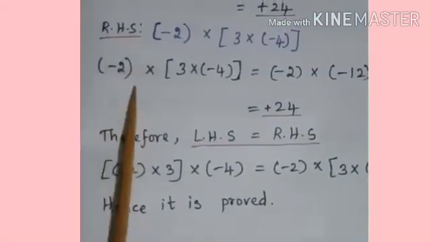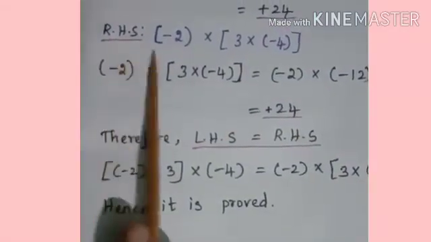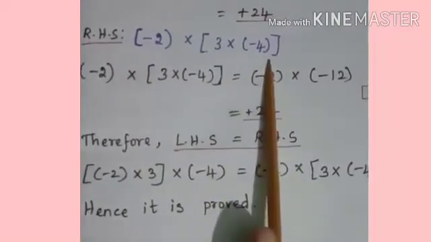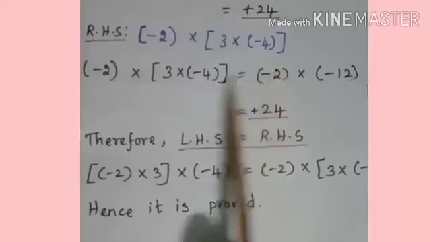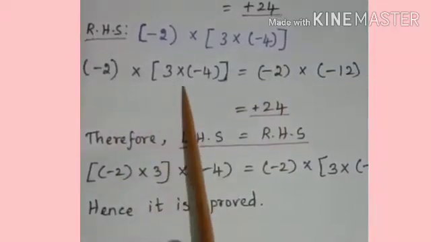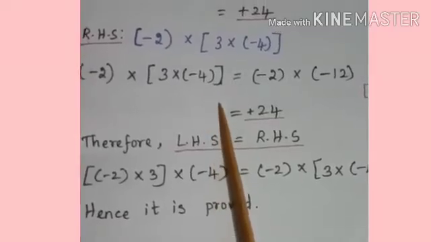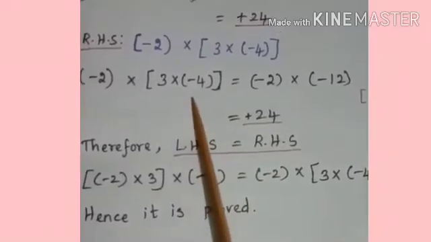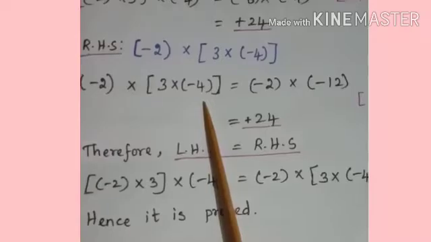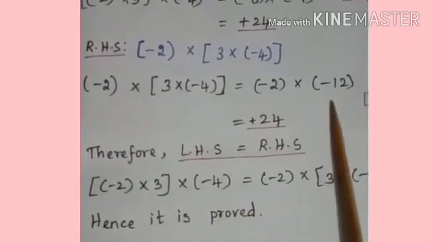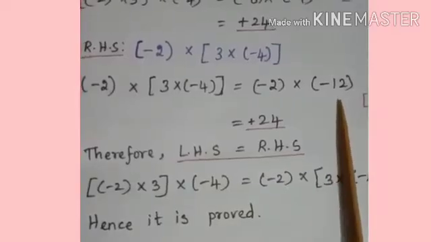Now let us take the right hand side expression, that is minus 2 into [3 into minus 4]. Here we have to multiply 3 and minus 4 first. We know that multiplying a positive and a negative integer always gives a negative integer, that is 3 into minus 4 is equal to minus 12.